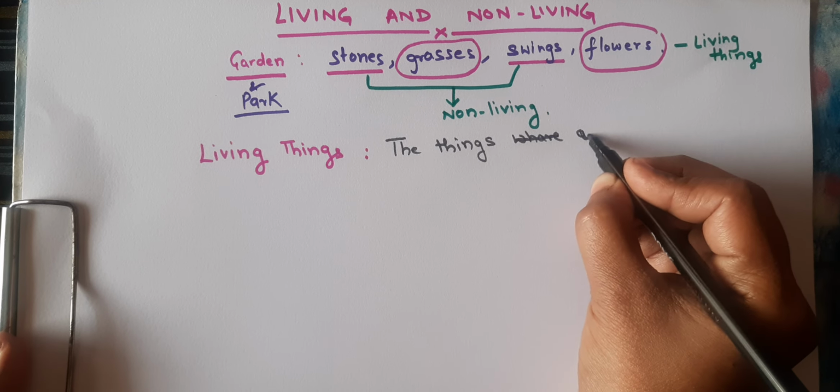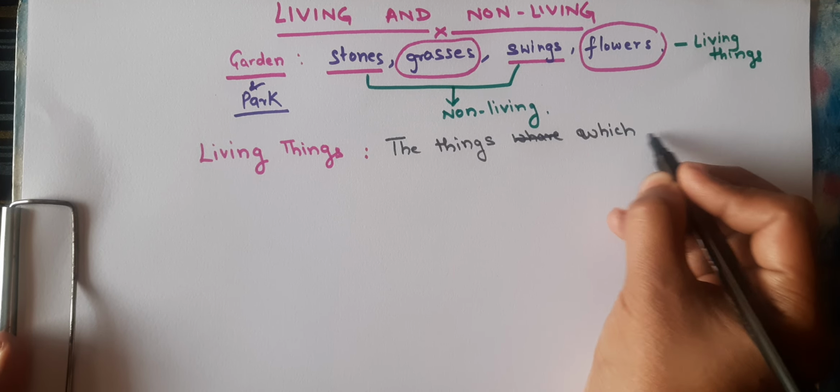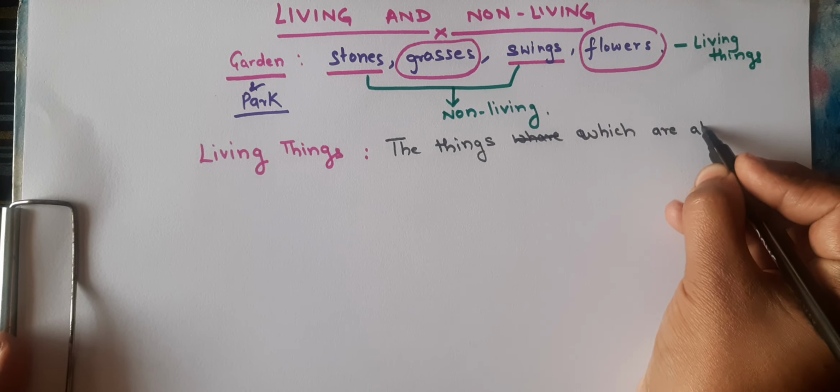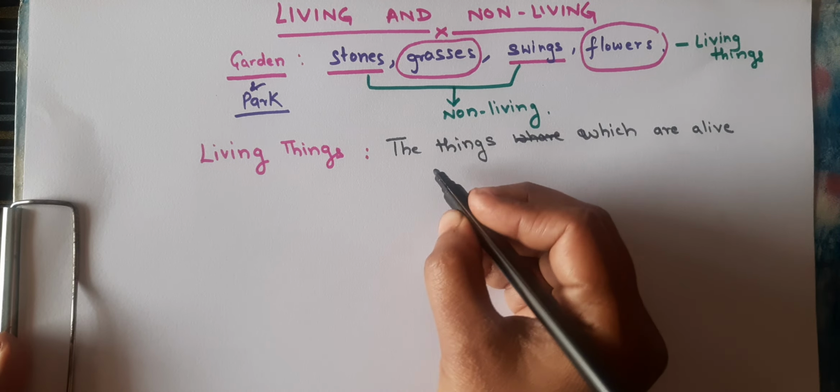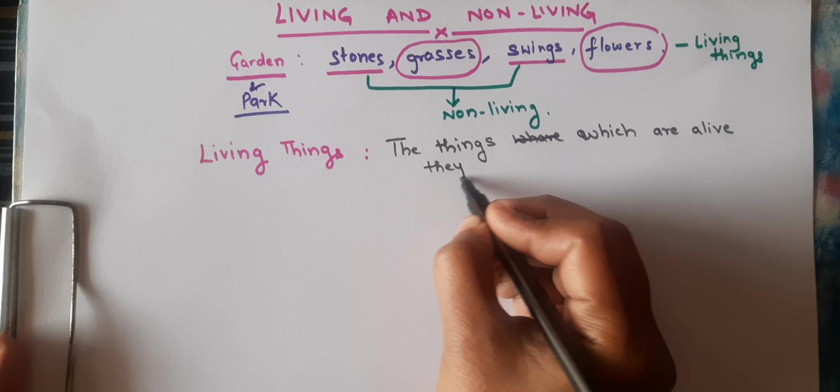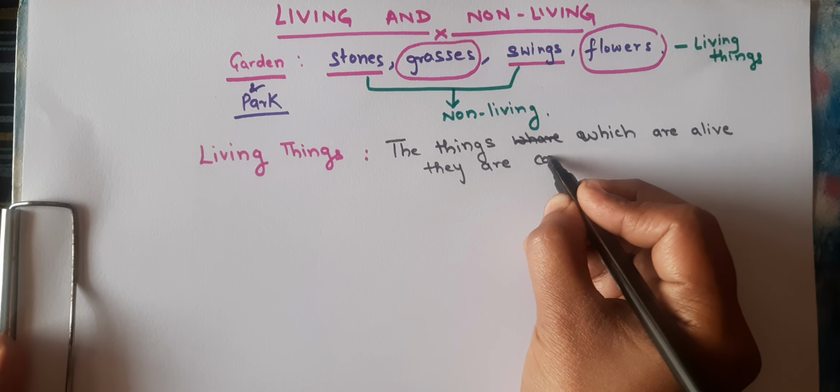The things which are alive. Alive means they have a life, so they are called living things.